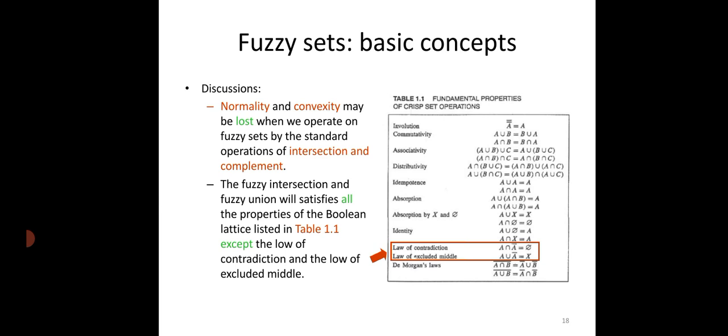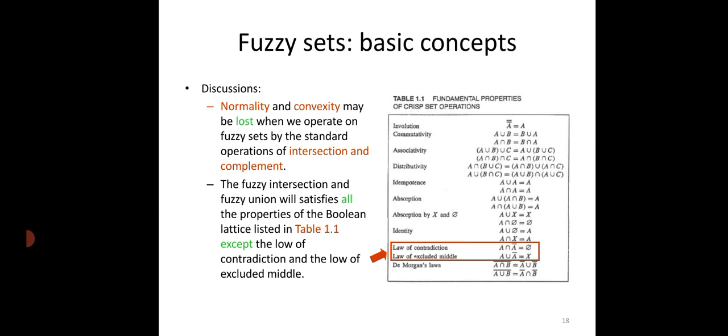We can compare them with the fuzzy set, but the most important thing you have to keep in mind is the law of contradiction and the law of excluded middle, which are not satisfied in fuzzy sets, entirely contrary to crisp sets. The law of contradiction: A intersection A complement is empty in a normal set, but in fuzzy, A intersection A complement need not be empty. And the law of excluded middle: A union A complement gives the universal set in a normal crisp set, but in a fuzzy set you do not get the universal set.